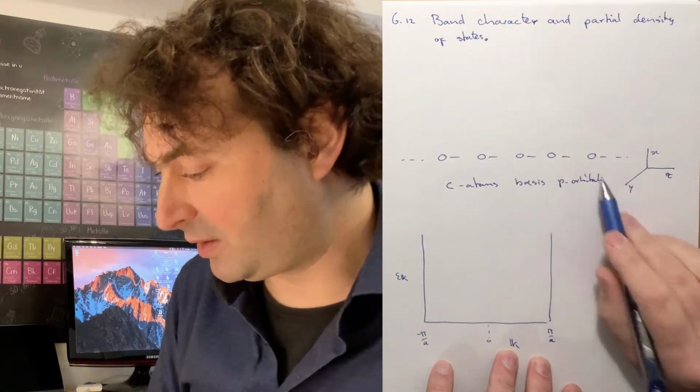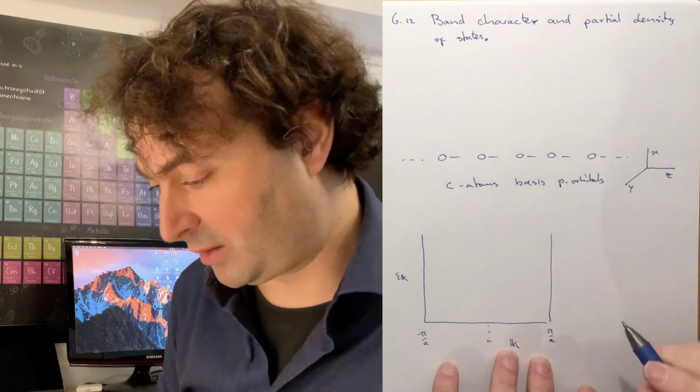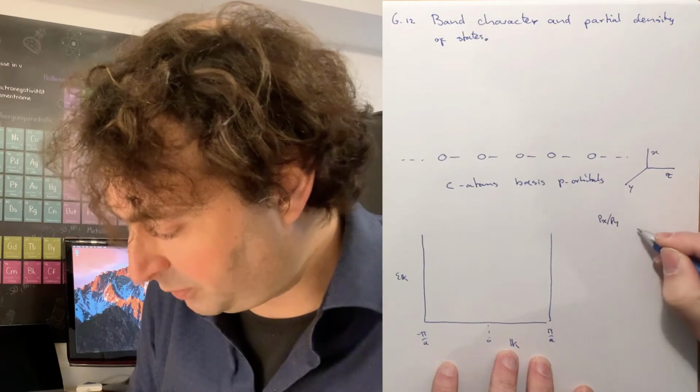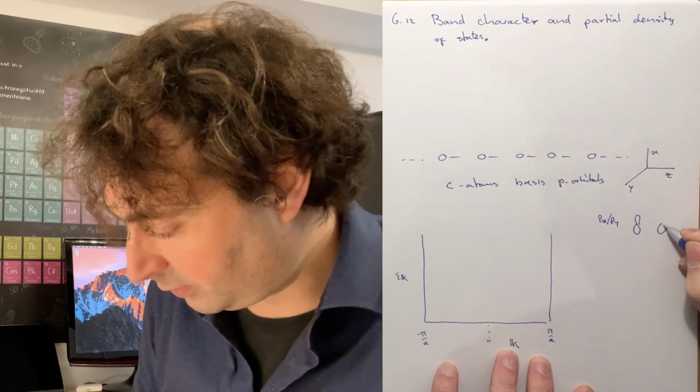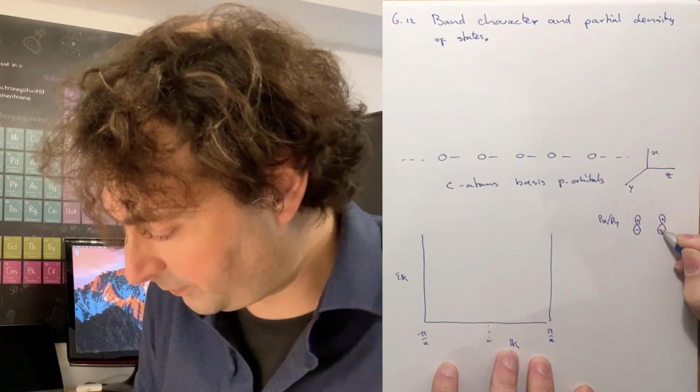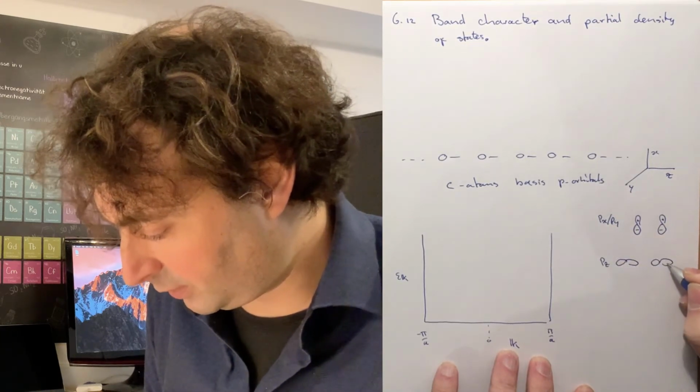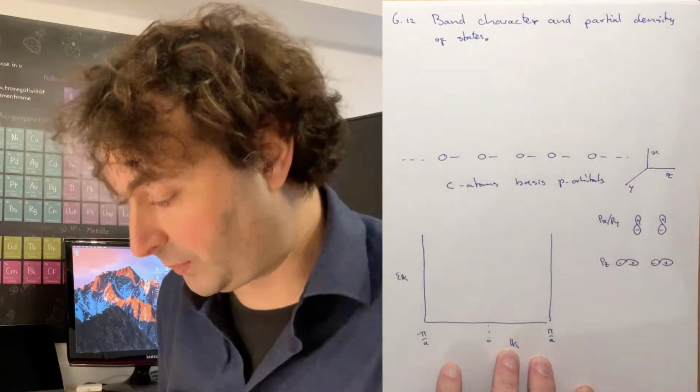And we have the pz orbital, which is in the plane and makes a sigma bond. So px, py has a bond like this, and pz has a bond like this.